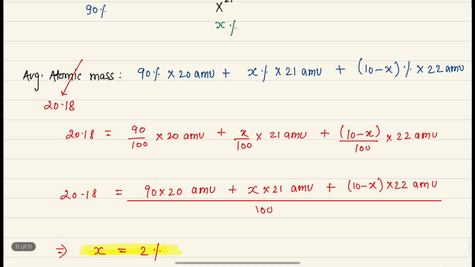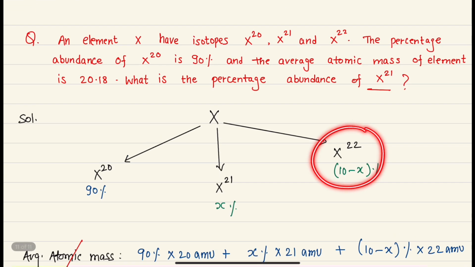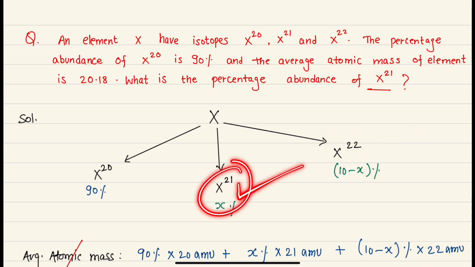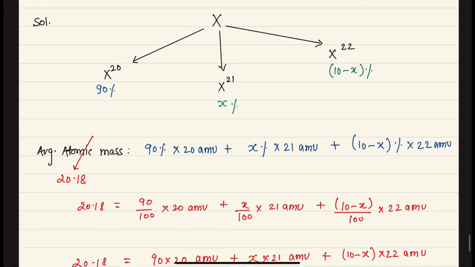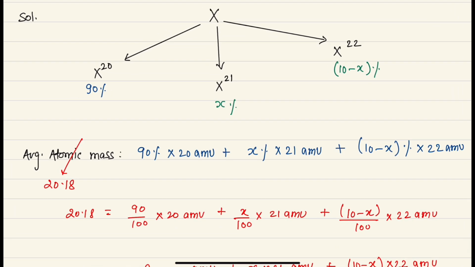It will become 8%. So it means you have 8% X22 and 2% X21, and 90% they have already given. Okay, so this is all about the atomic number, atomic mass and isotopes.